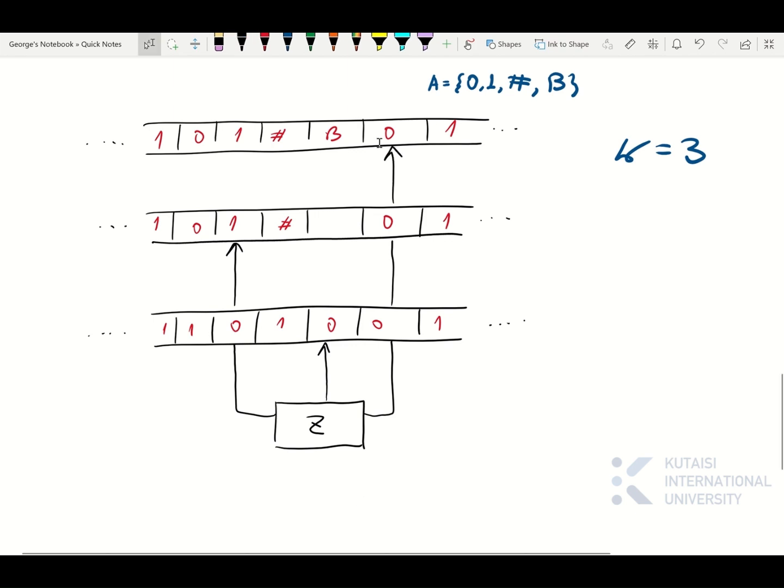Let's call this tape 1, this tape 2, and this tape 3. So on tape 1 it's reading 0, on tape 2 it's reading 1, and on tape 3 it's reading 0.